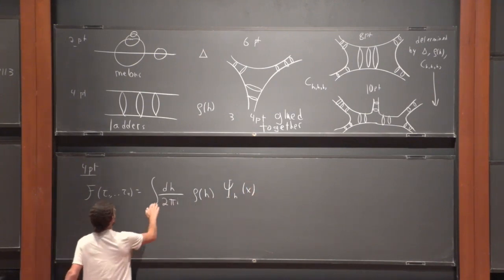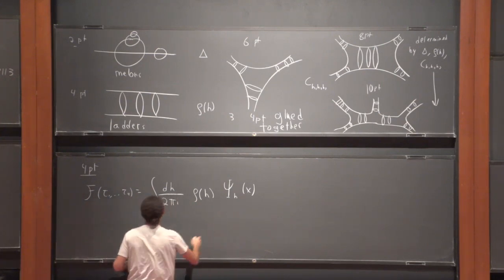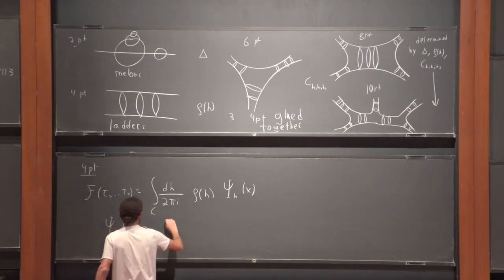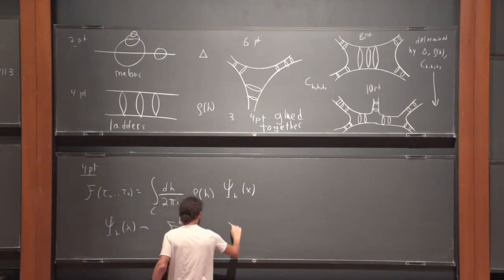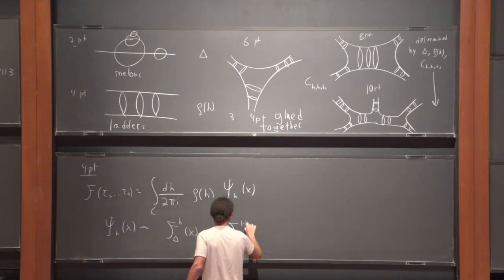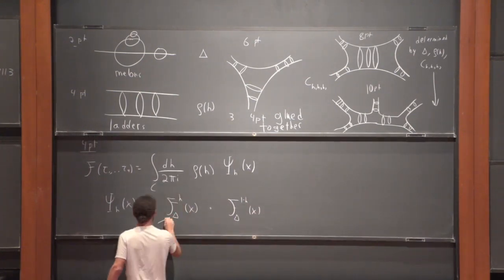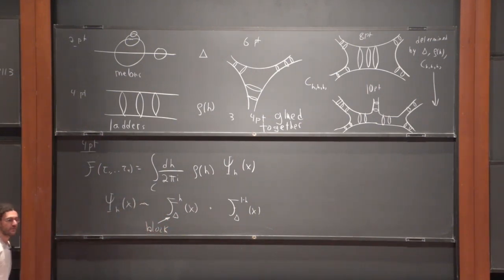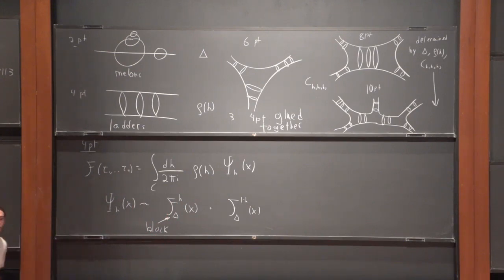So a contour integral involving rho of h, which encodes our theory, and this quantity psi of h, which is a sum of a conformal block plus its shadow. So this is an SL2R block with 4 external fermions of dimension delta, and then an exchanged operator of dimension h, an exchanged fermion bilinear.